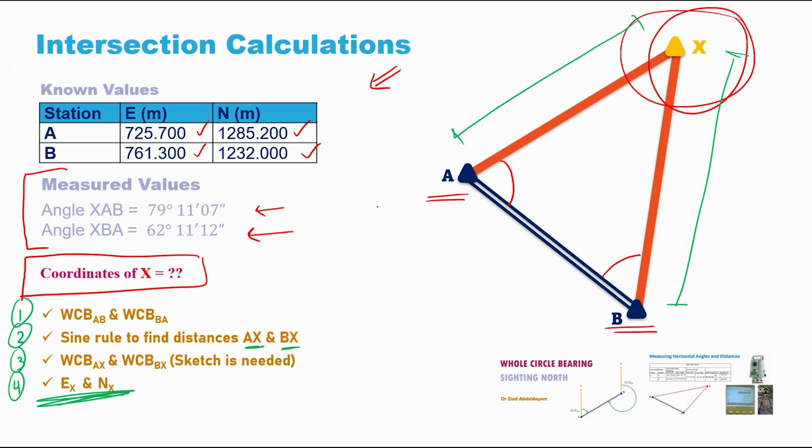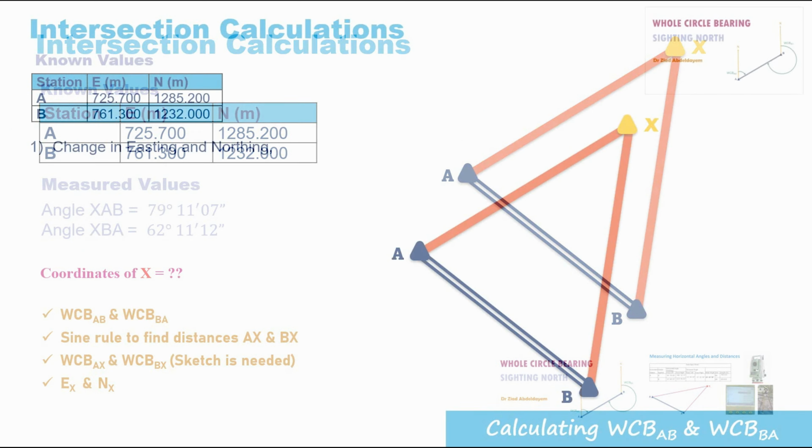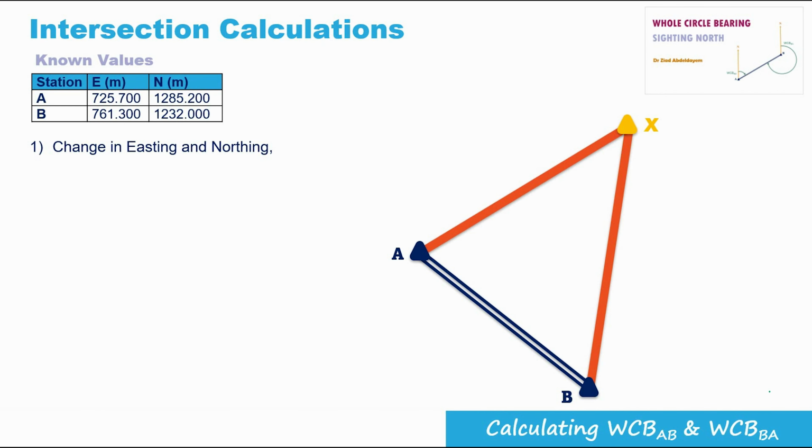We have these numerical values, guys, and we are going to use them to calculate the coordinates of the unknown station. The first stage is calculating the whole circle bearing of AB and BA. As you know, to calculate the whole circle bearing, we start by calculating the change in easting and the change in northing between these two stations.